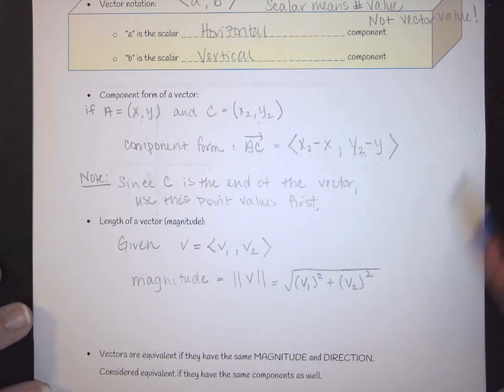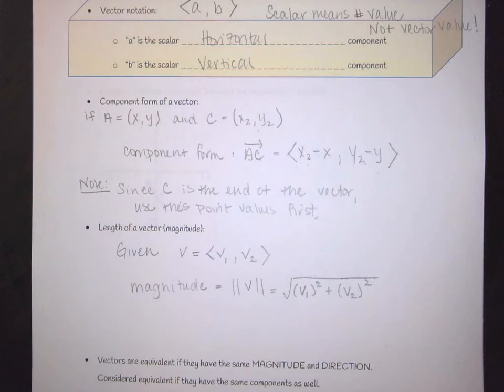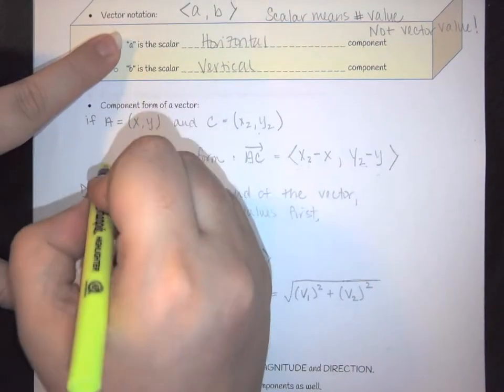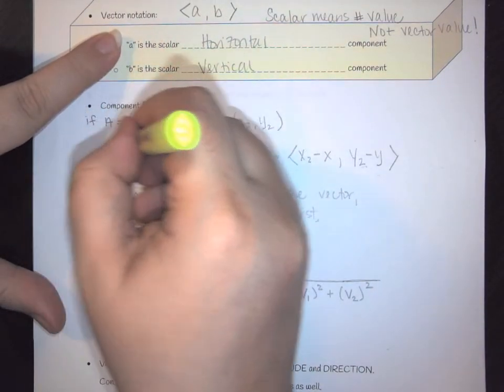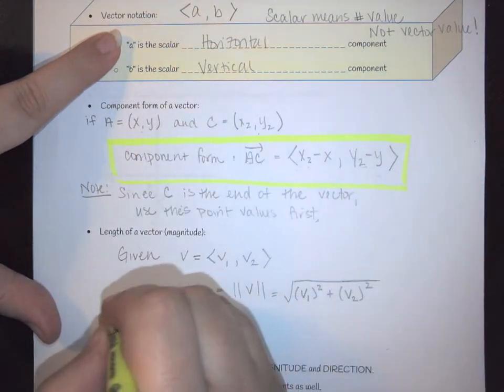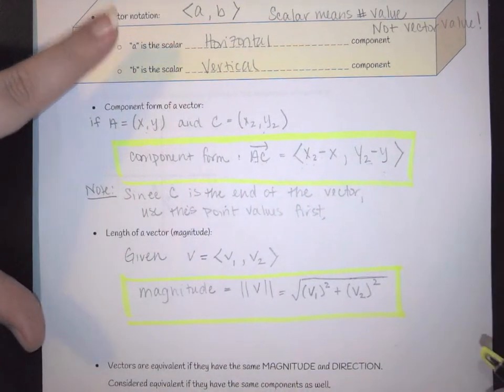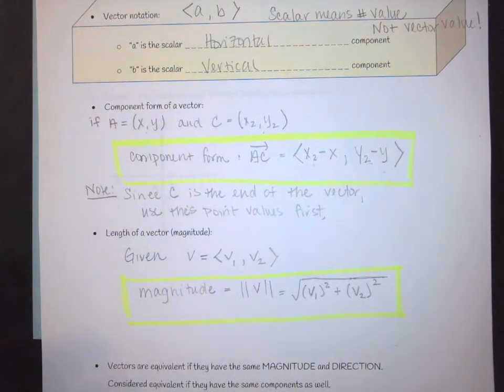So these are the formulas you need to remember: component form and magnitude. Notice with both of these you were given your vector first.